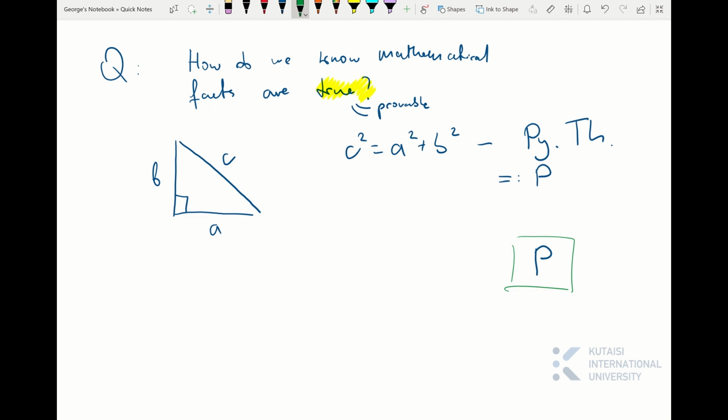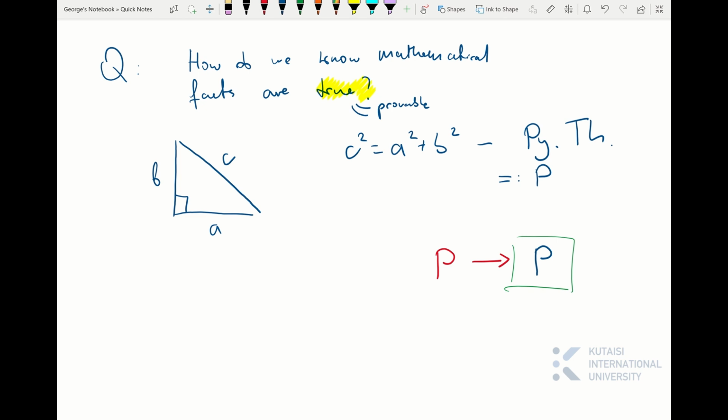What do you mean it can be proven? That's my next question. What does it mean that P is provable? Okay, that's actually a good suggestion. So you're saying there exists some other statement, maybe let's call it P0, such that P0 implies P. Maybe there's actually a couple of statements.